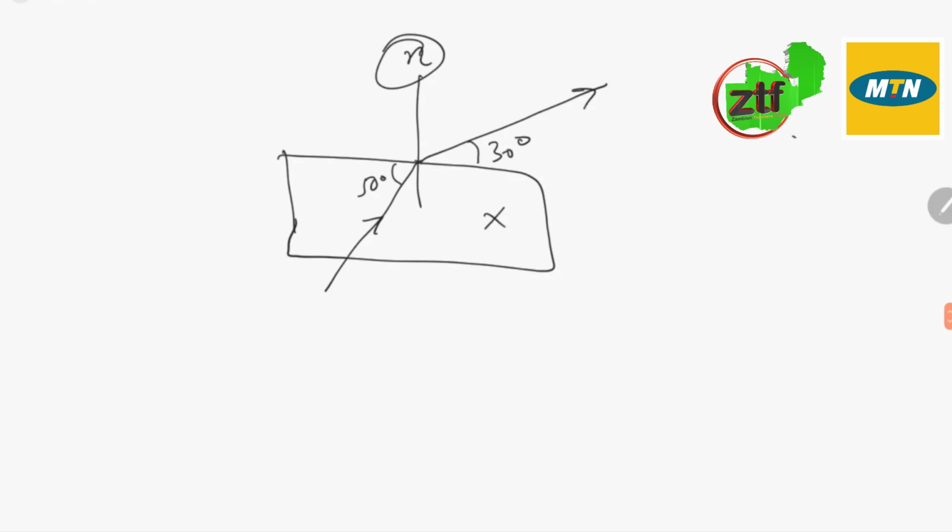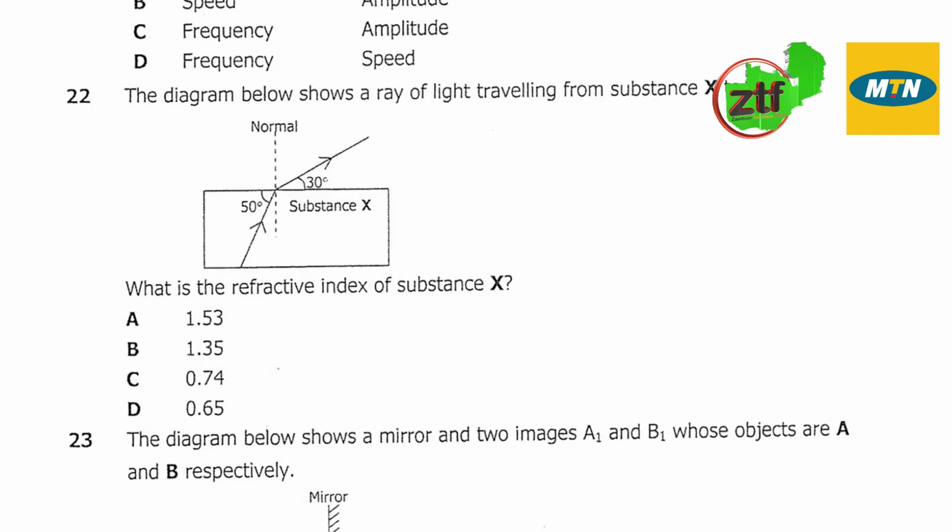Now, when we look at this, what we must understand is that when people are working out the refractive index of a substance or of a material, they are talking about a ray of light traveling from, if you like, a vacuum into that particular medium.